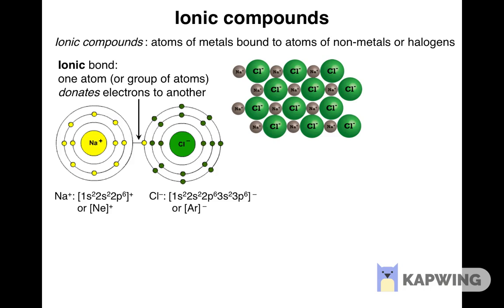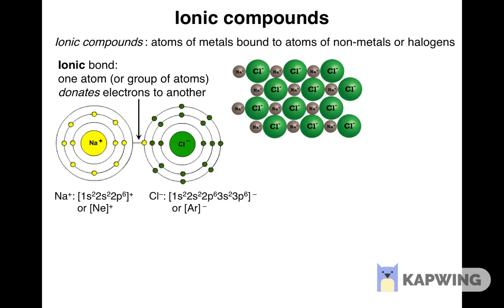In table salt, each sodium atom donates its only electron to a chlorine atom. The resulting sodium cation, Na+, has the electron configuration 1s2, 2s2, 2p6, plus, or in shorthand notation, [Ne]+.